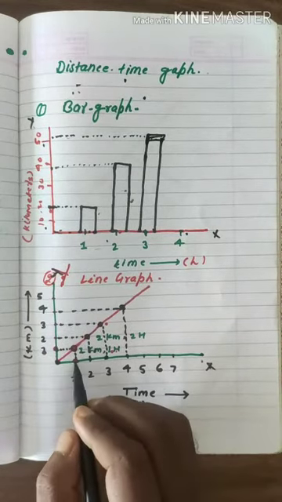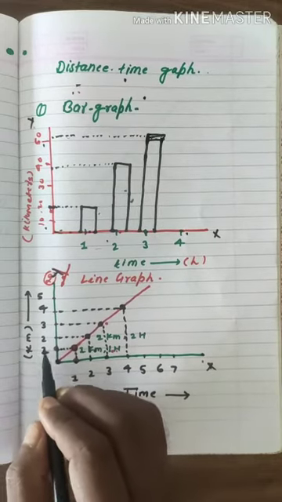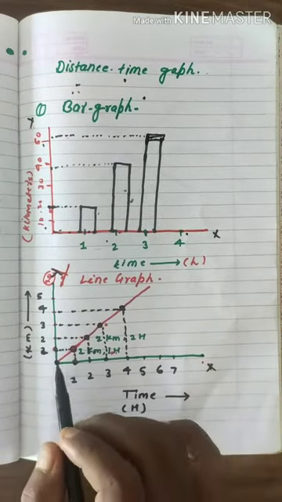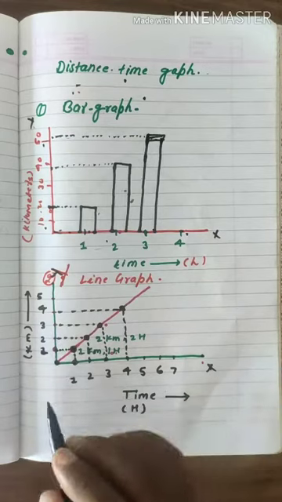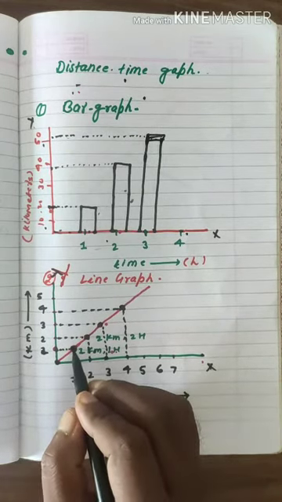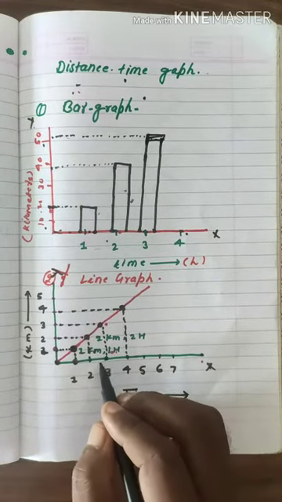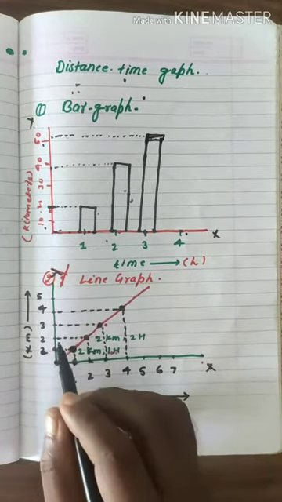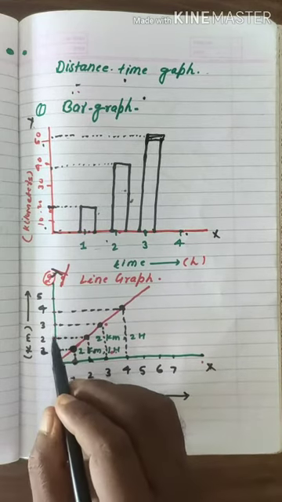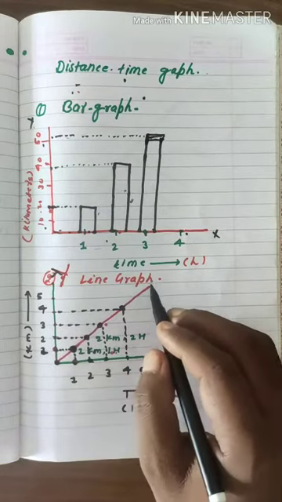So student, in the first hour any vehicle covered 1 kilometer distance. So this point denotes 1 kilometer distance covered in 1 hour, and this one will denote 2 kilometer distance covered in 2 hours, and similarly and so on.